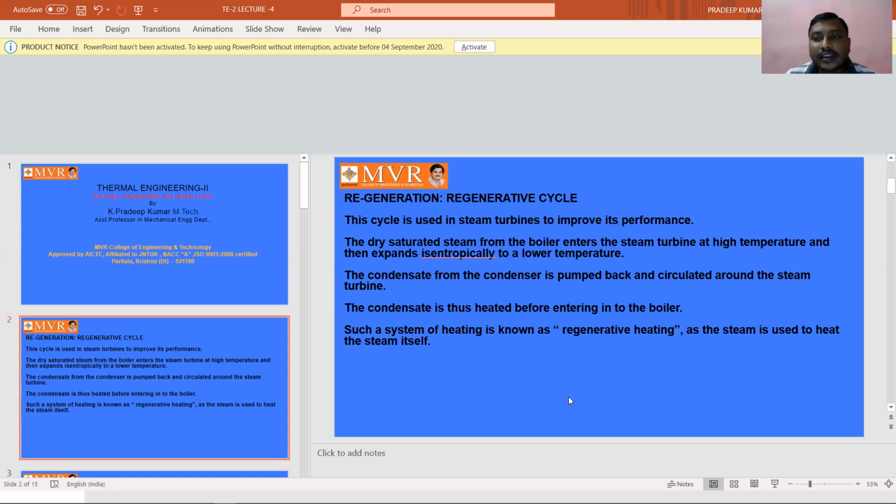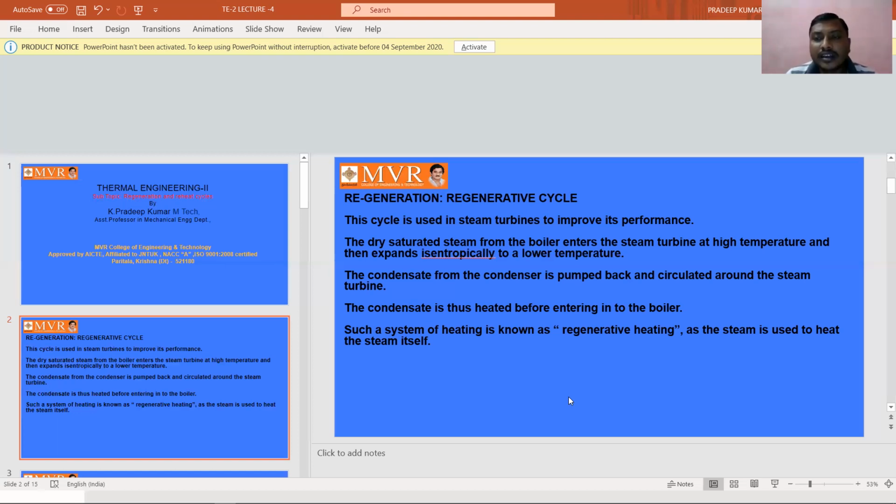See that the main difference between the Rankine cycle and the regenerative cycle is that in the Rankine cycle, from the boiler, the superheated steam or dry saturated steam with high temperature and high pressure enters the turbine, and then in the turbine the steam is expanded, and after expanding it gives some work and leaves to the condenser at a low pressure, and the temperature also decreases.